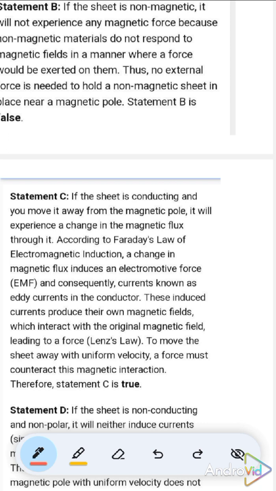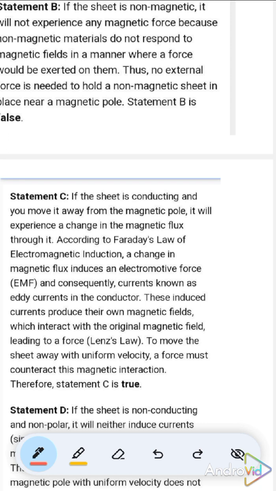a change in magnetic flux induces an EMF, that is, an electromotive force, and consequently currents known as eddy currents would be formed in the conductor.